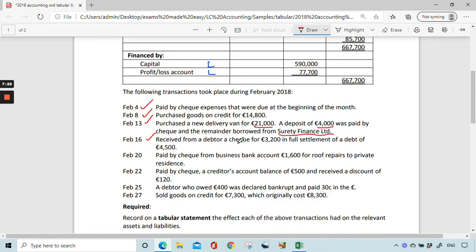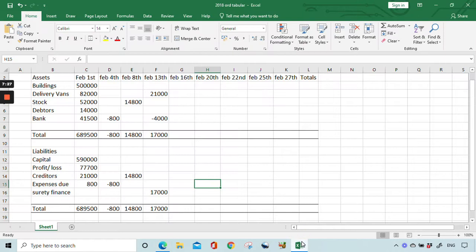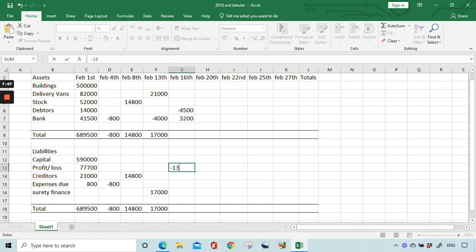Your debtor, your whole debt was 4,500, so your debt has gone down by 4,500. Your bank account has gone up by 3,200 that you received, and you gave them discount, which will reduce your profit by 1,300, minus 1,300. So when you add up the assets, you get minus 1,300. When you add up the liabilities, minus 1,300.